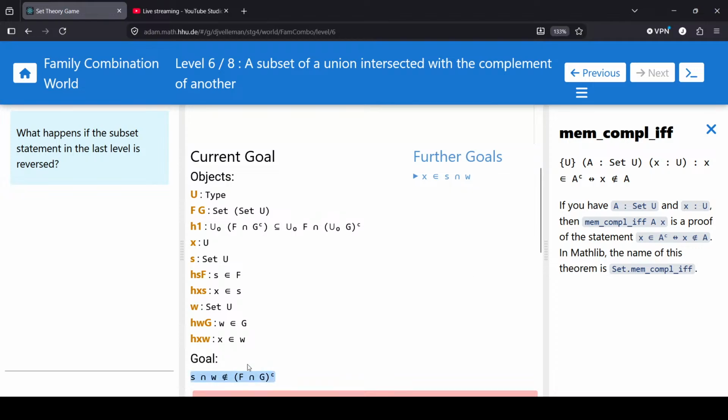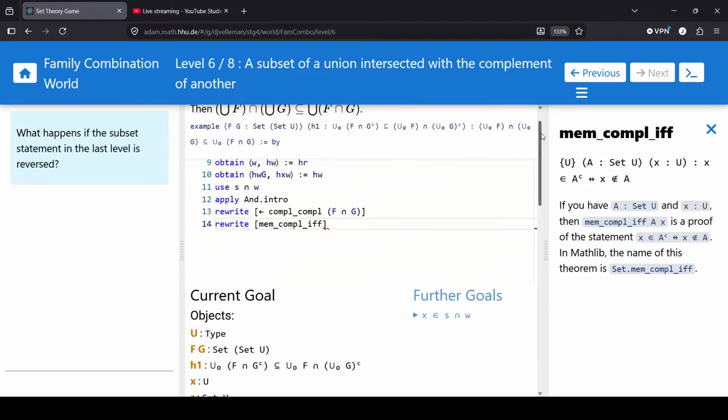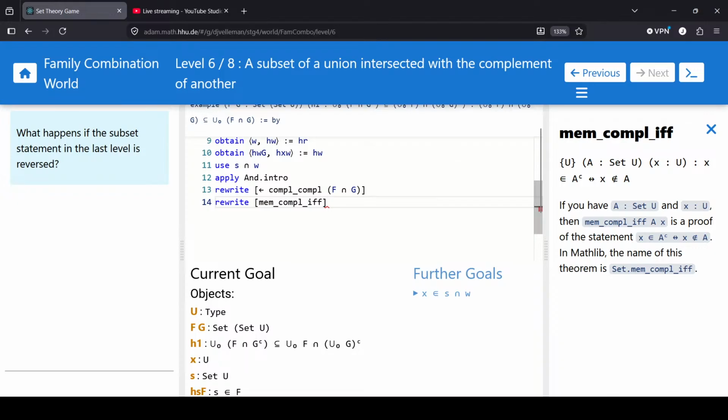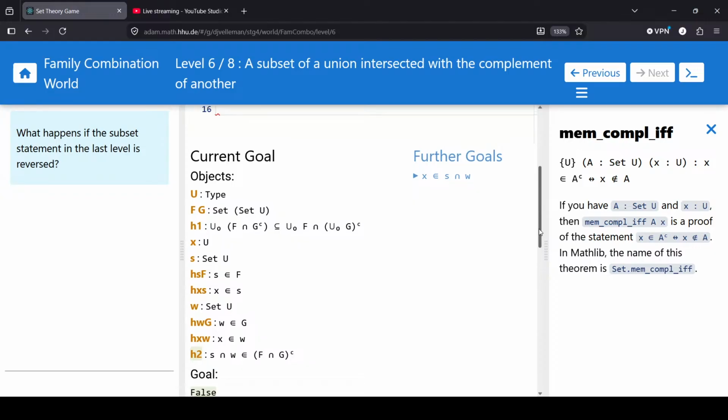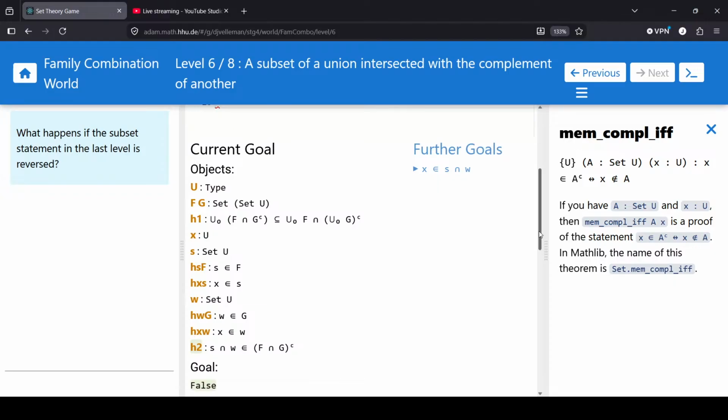I mean, this lets me do what? By contra. How the hell am I supposed to work with this?